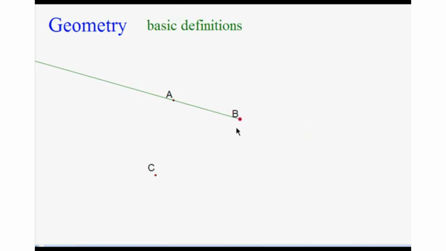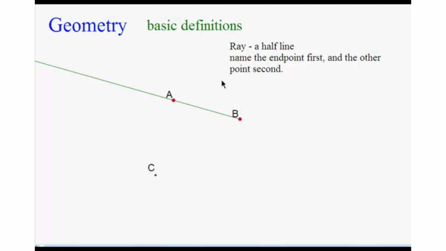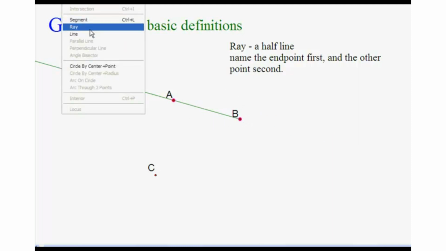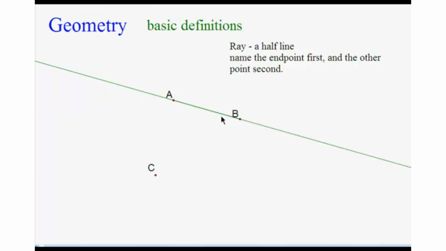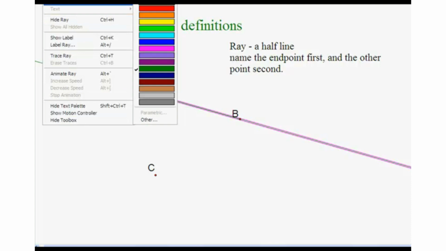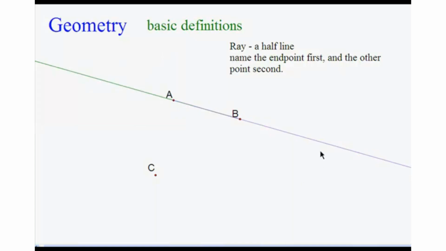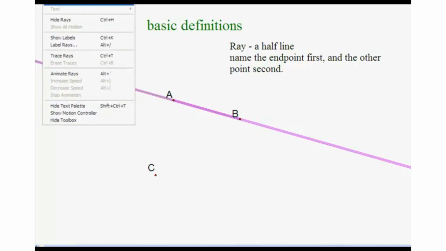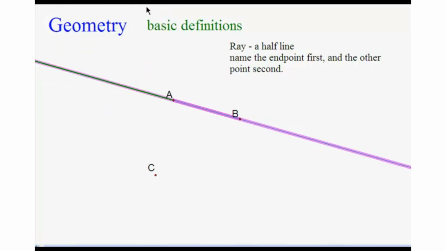Okay? Now, is ray BA the same as ray AB? So I'm going to select point A first, and then B, and I'm going to construct a ray. And as we can see, ray AB is not the same as ray BA, especially if I make the color different, and especially if I make the line width a little bit bigger.